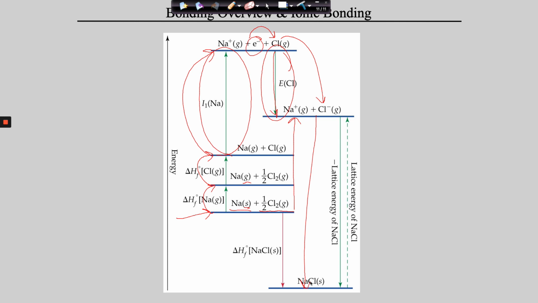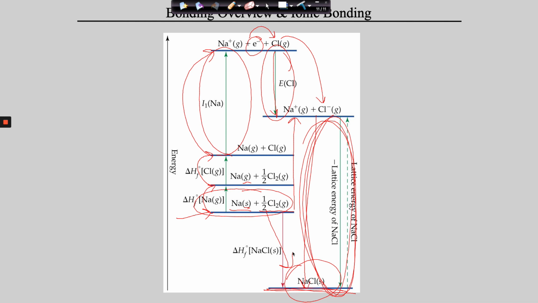That's the formation of the lattice. And all of the energy that is released as the lattice forms finally gets us down here to the table salt. And the difference between where we started and where we ended up, this goes down, indicating that energy is released. Do you see the complete picture?